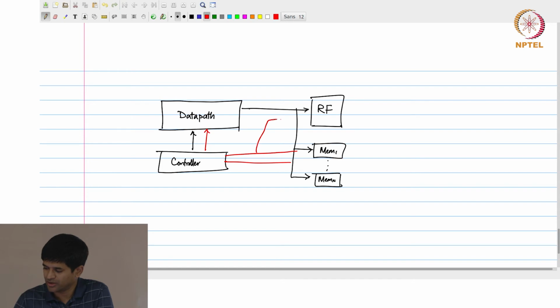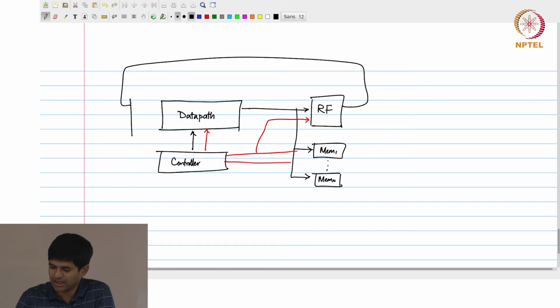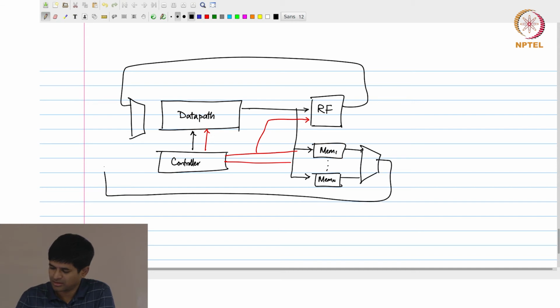The control could also determine how the register file is activated so that you can write values into it. The outputs of this in turn could come through some kind of a large multiplexer, and go into the data path.